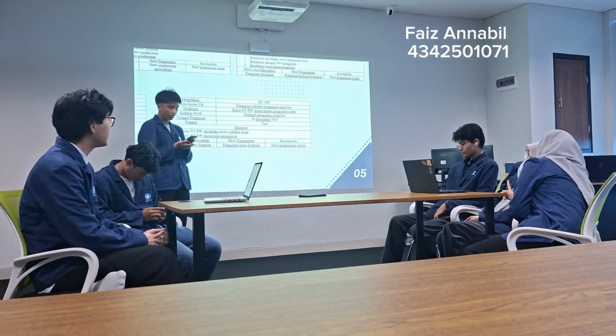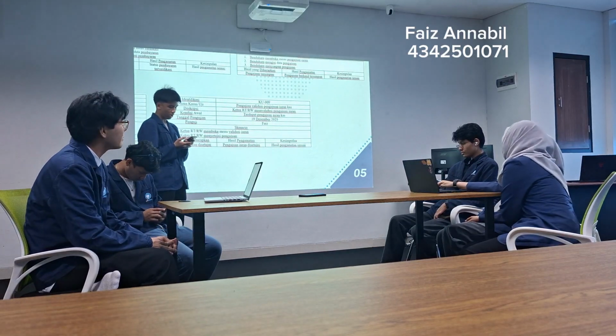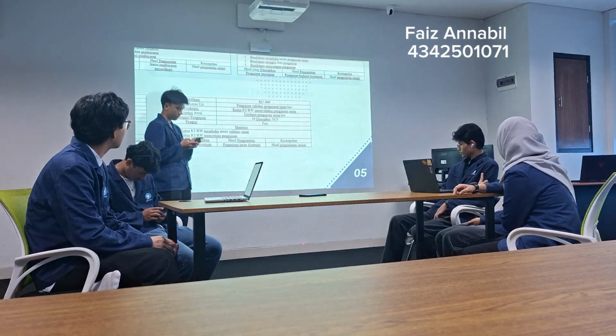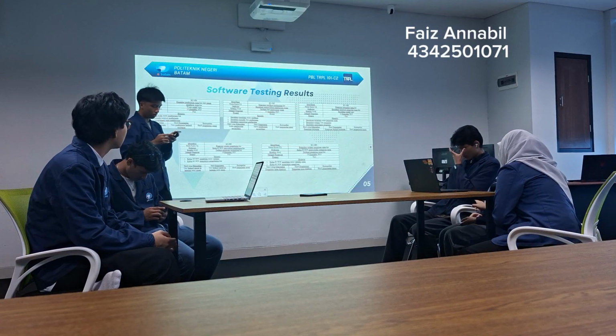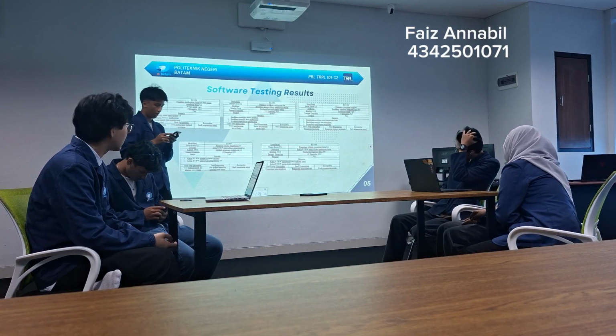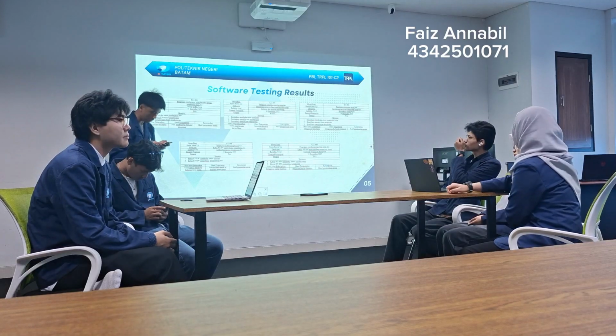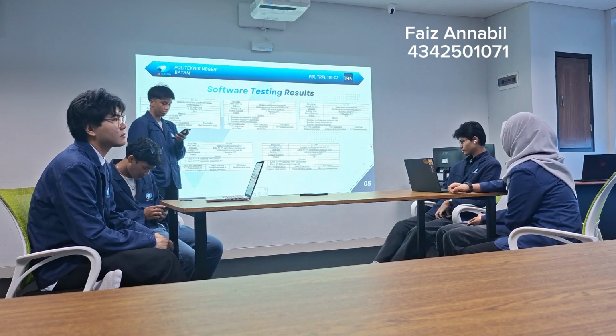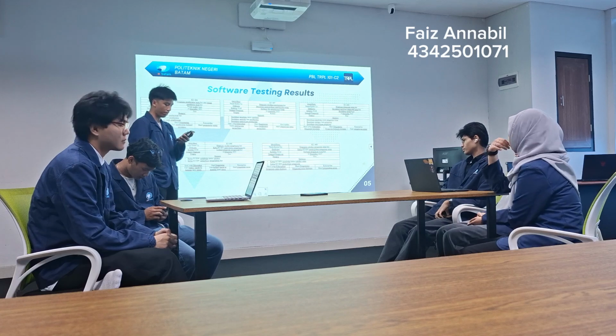Okay, the summary of the overall testing result based on the testing table. It can be concluded that the system functions properly and according to its design. All features related to cash management have been successfully tested, including cash submission, validation, and approval process.